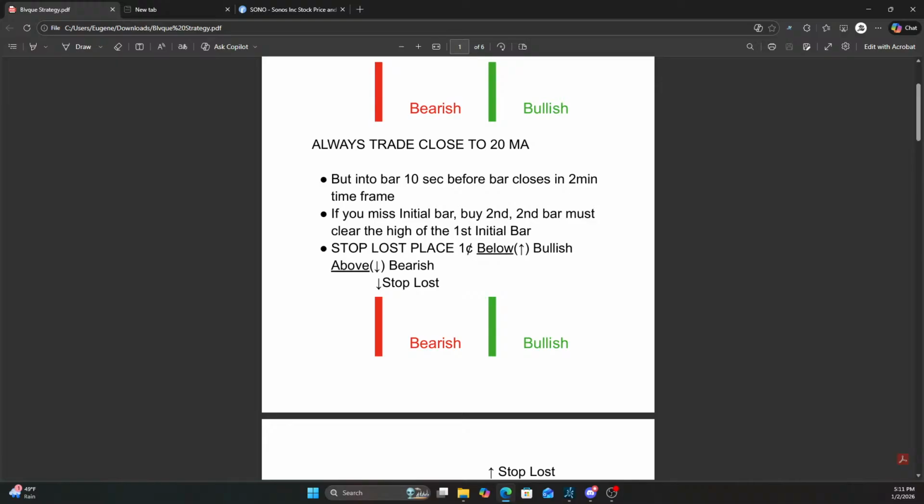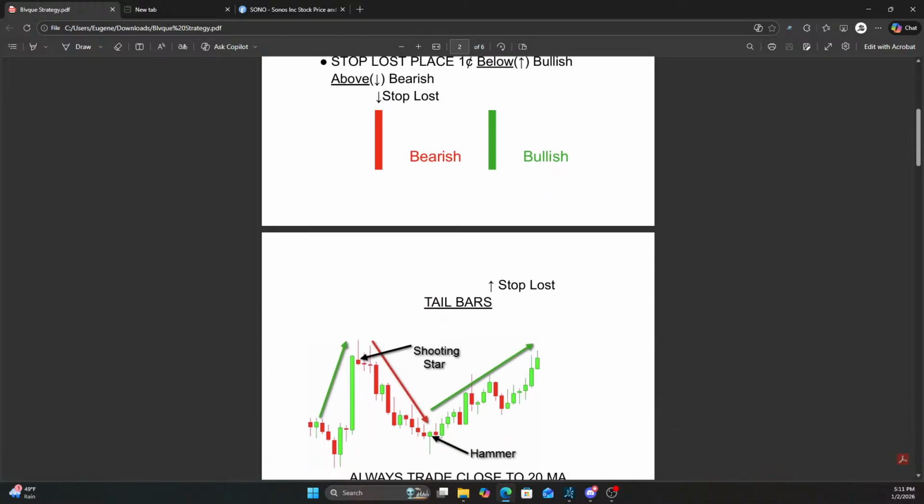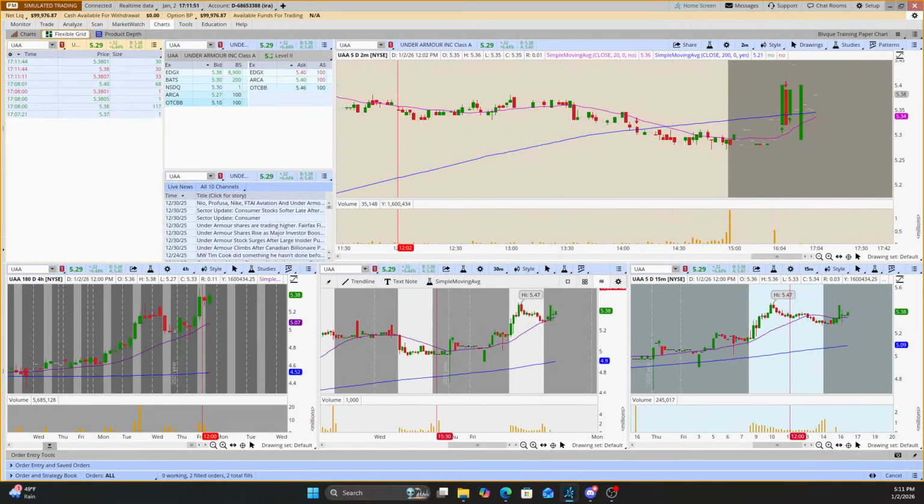I always trade close to the 20 MA. 20, 200, it all depends. But when the 20 is close to the 200, that's going to be a hell of a buy.